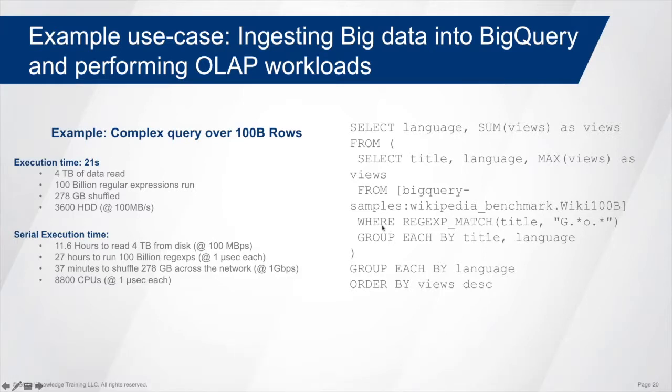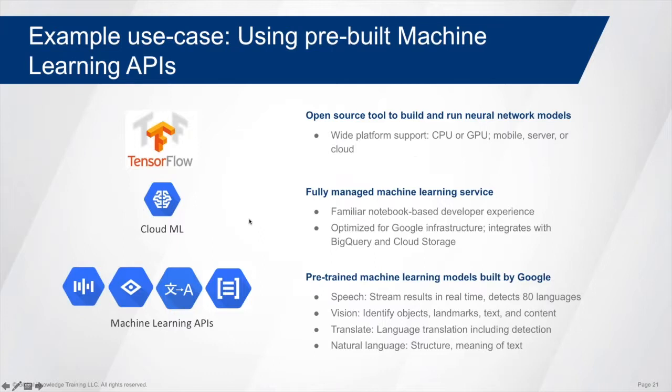Another popular use case for Google Cloud is machine learning, of course. And the nice thing about using machine learning in Google Cloud is you can use it whatever your level of machine learning expertise. If you have data scientists or machine learning engineers in your organization, you can use Google Cloud ML, which is effectively Google Cloud's managed TensorFlow service.